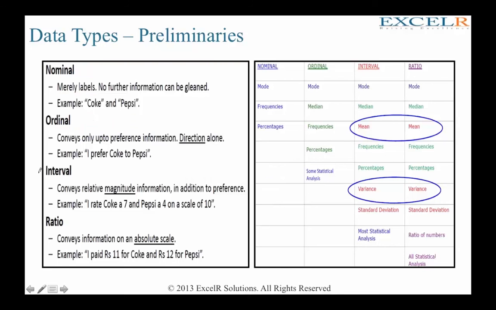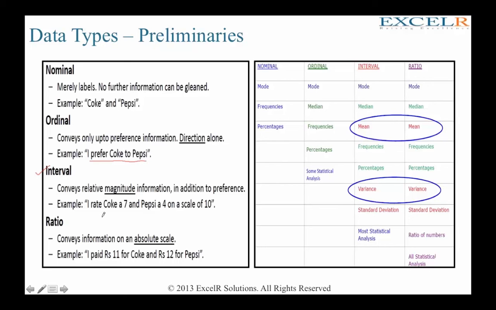If I move further to interval data, it is also going to convey the magnitude of the information. Here you're saying you prefer Coke to Pepsi, but how much you like Coke over Pepsi is not provided, right?